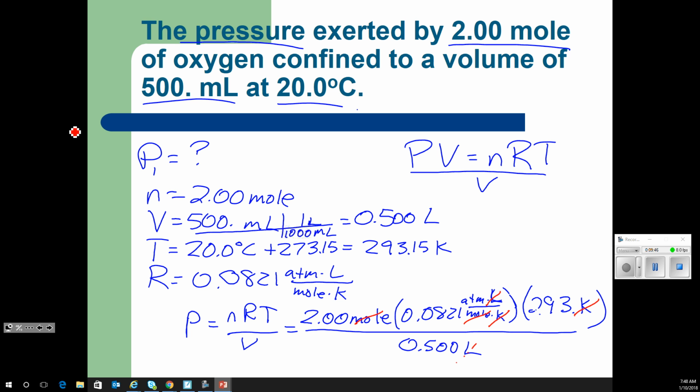Plug it through your calculator. What are we going to get for pressure? And that should have been 0.15 over here. Sorry, I didn't get it written in. I was having a little bit of issue with the pen there. And we got an answer. I hear a lot of calculator buttons being pushed, so hopefully you guys are doing the calculations.